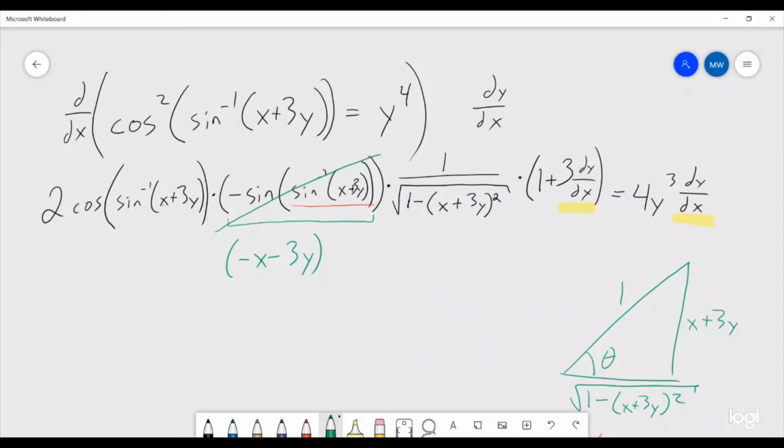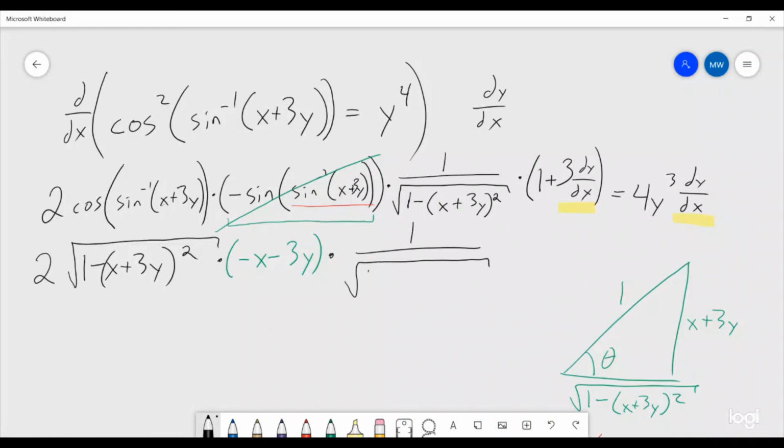So what we are left with is 2 times the square root of 1 minus (x plus 3y) squared, times negative x minus 3y, times 1 over the square root of 1 minus (x plus 3y) squared, times 1 plus 3 dy/dx, is equal to 4y cubed dy/dx.